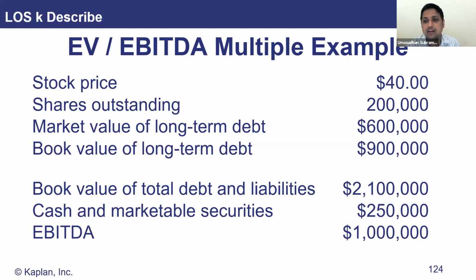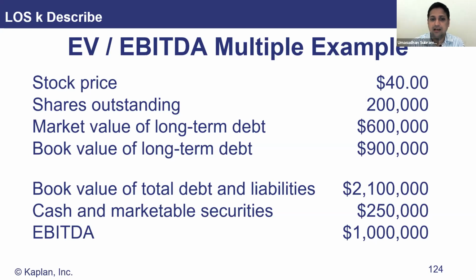So when you deduct 900,000 from 2.1 million, that's going to give you 1.2 million, isn't it? What is that 1.2 million, guys? That 1.2 million is the book value of short-term debt.